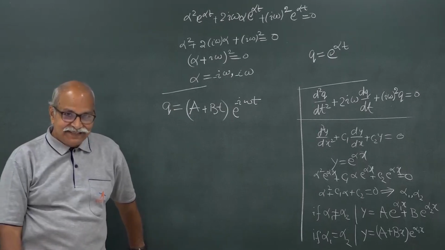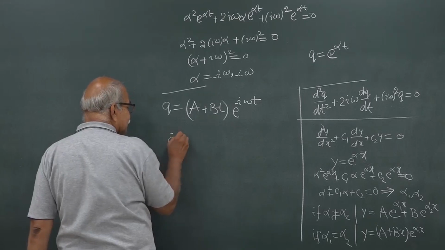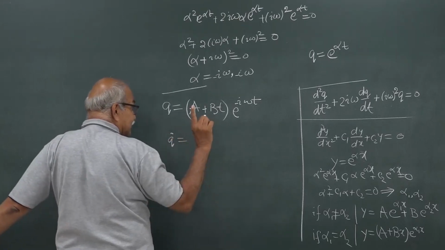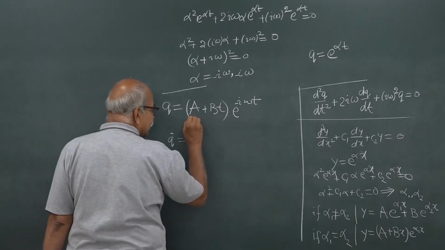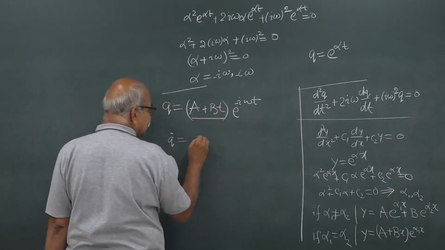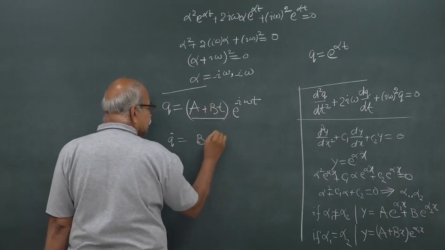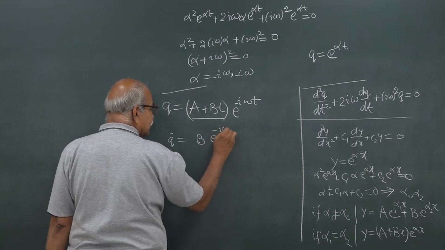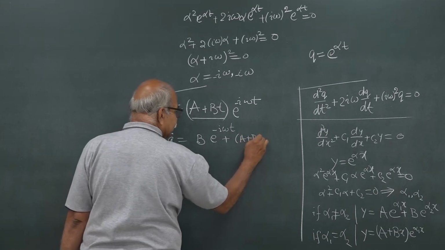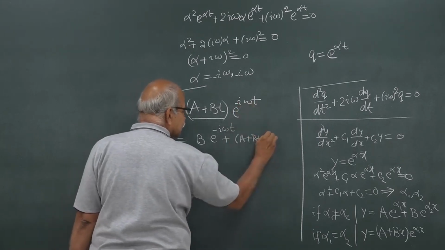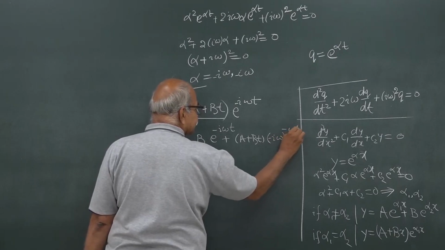From the initial conditions. If this is q, dq dt will be, you have t here, you have t here. So, I differentiate this. I get B, and I put just e to the power minus i omega t here, and then I keep this A plus B t intact and differentiate this, minus i omega and then e to the power minus i omega t.